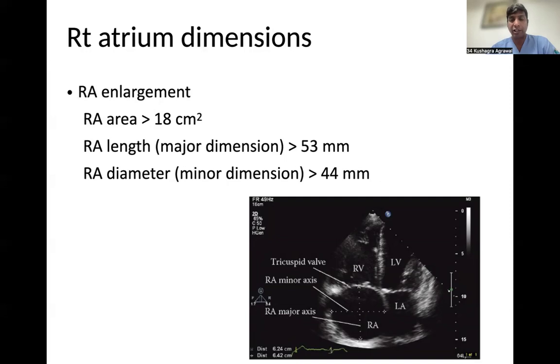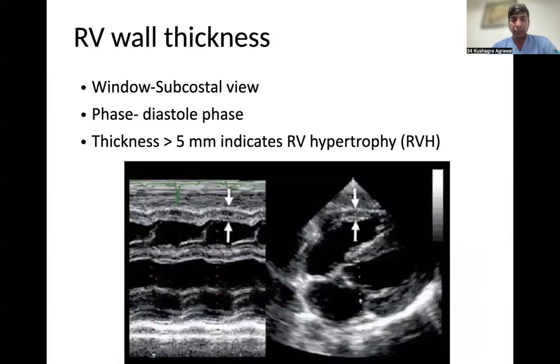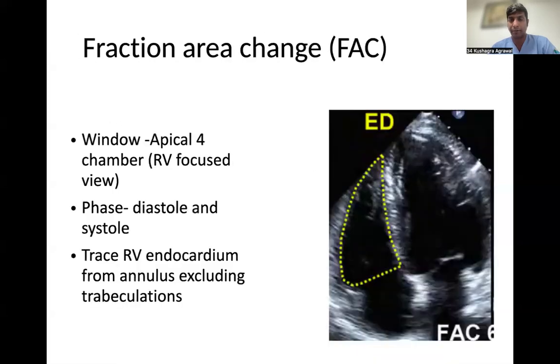And when we measure the area, it should not be more than 18 centimeter square. Now, RV wall thickness, which can be assessed in the subcostal window, should be measured only in the diastolic phase. If this thickness is more than 5 mm, it indicates right ventricular hypertrophy.